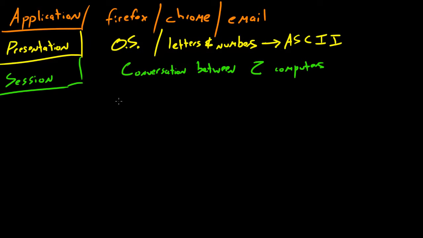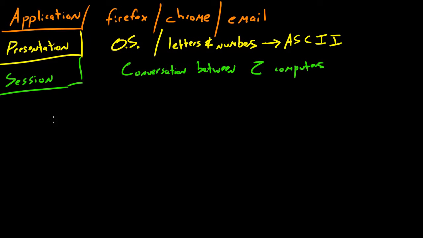Now this layer is responsible for starting and ending conversations or sessions, and it's also responsible for getting data from a website. So say that you wanted to get data from a website, this layer would go ahead and create a session or start a conversation with a web server, and during the conversation, it would help maintain the communication.